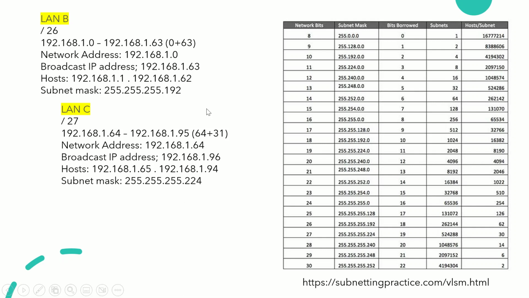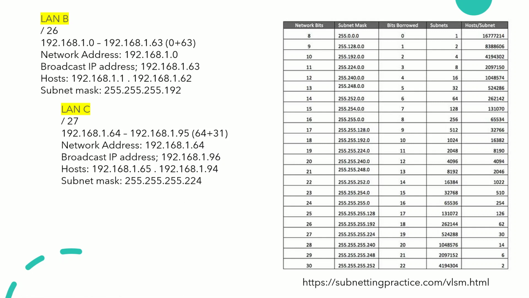And also you should start from 192.168.1.64 because the last one is 63, until we should have 32. 64 is number one, and 95 is number 32.